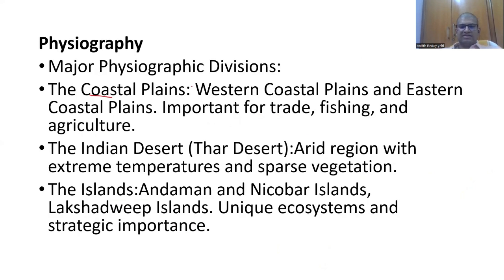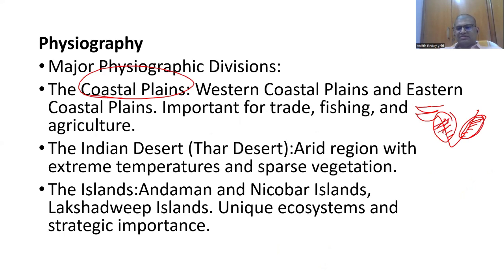Then the coastal plains, the western coastal plains and the eastern coastal plains. These have great significance in agriculture, especially the eastern coastal plains, known for rice cultivation. The western coastal plains are naturally known for harbors, fishing, and shipping.